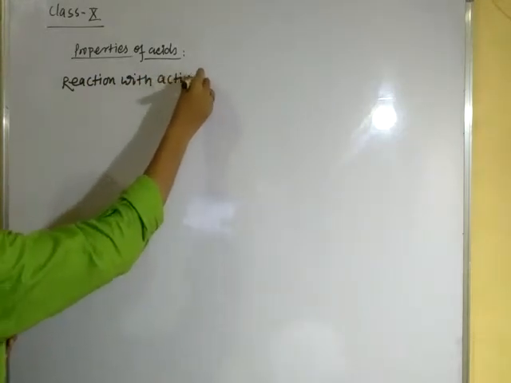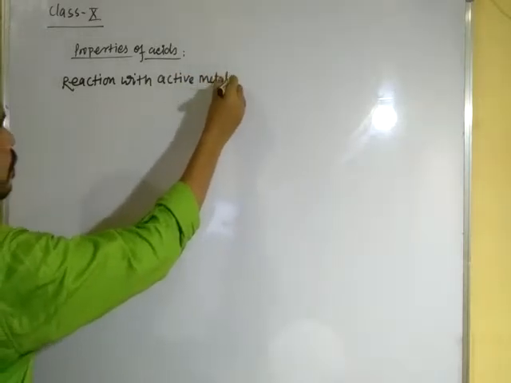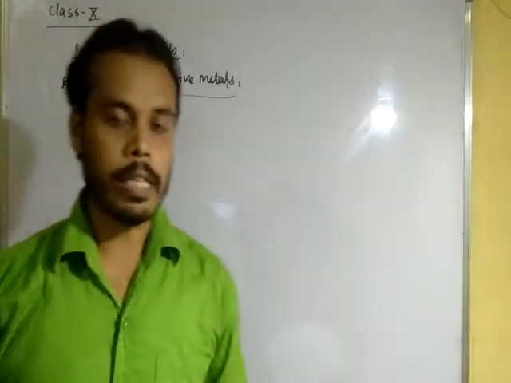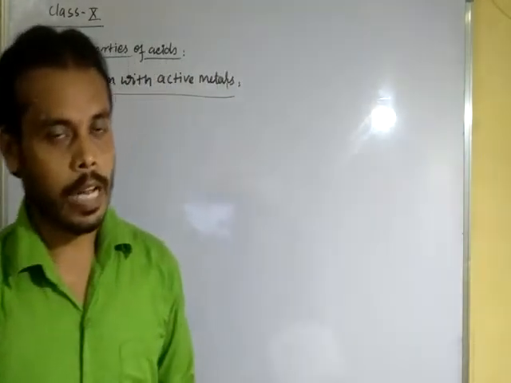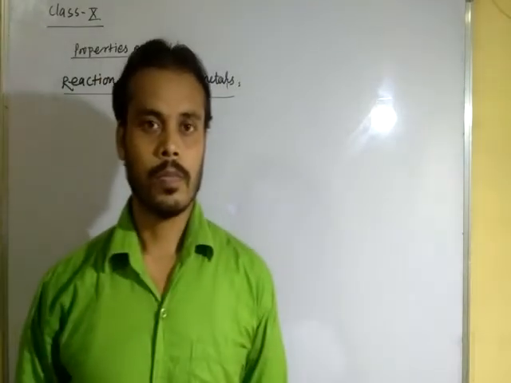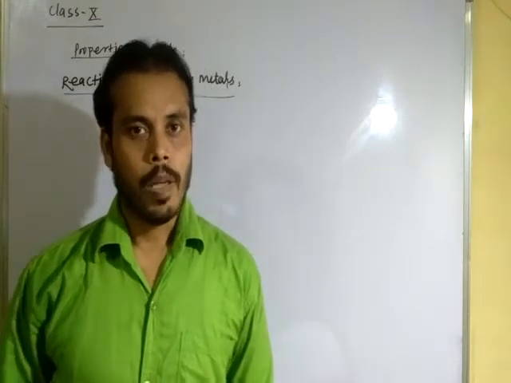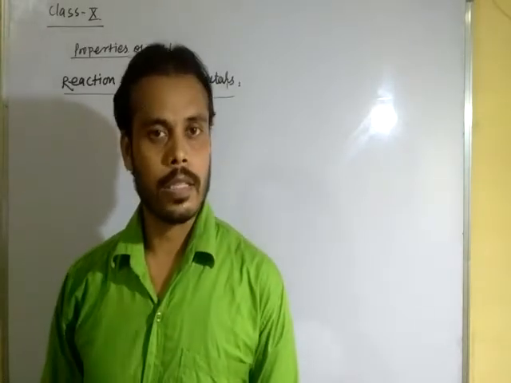When acid, dilute HCl or dilute H2SO4, is treated with active metals, they form a metallic salt and liberate hydrogen gas.